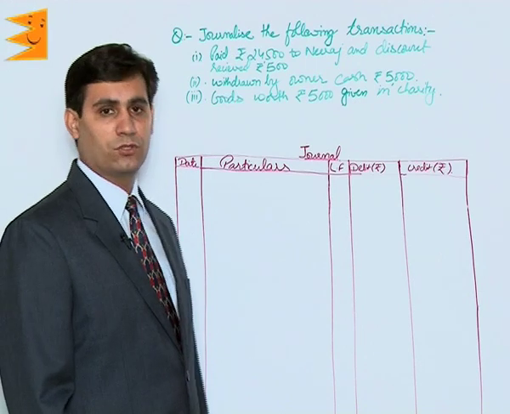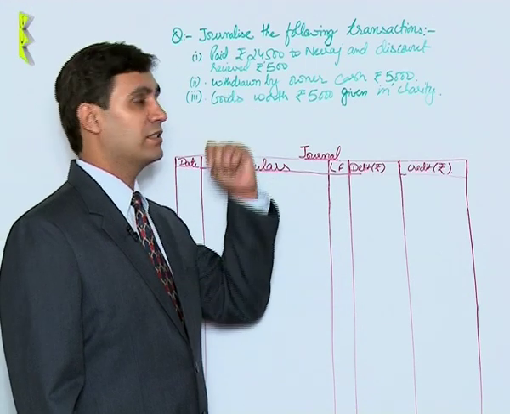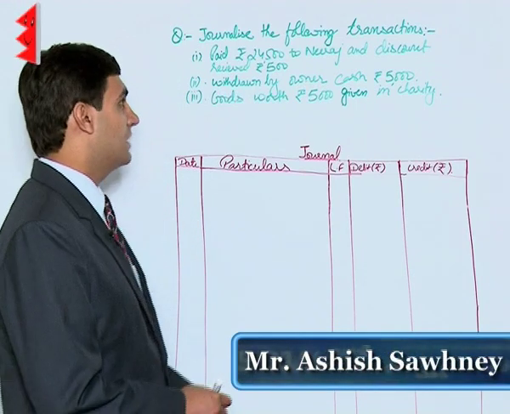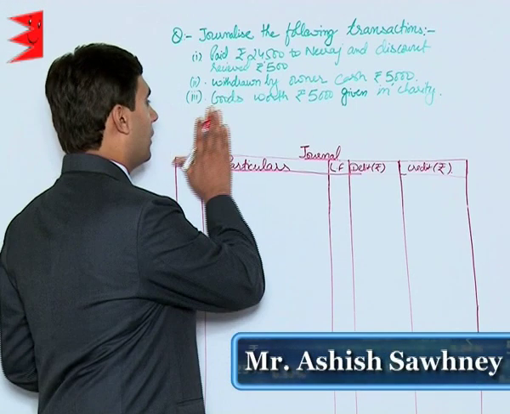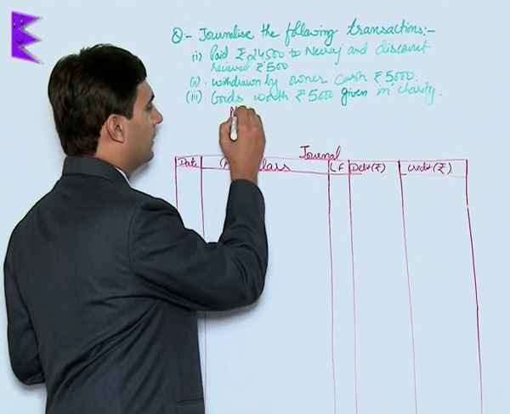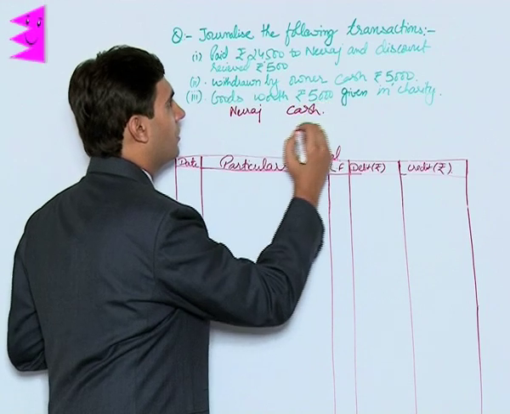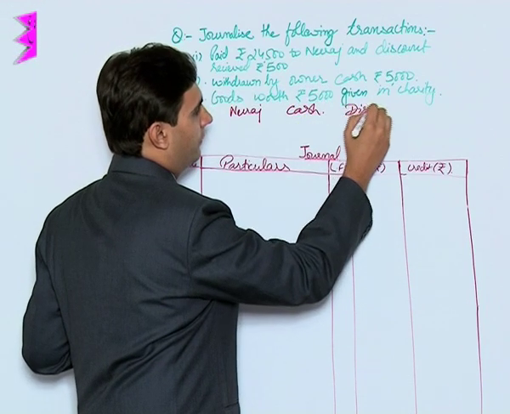Journalize the following transactions. Now the first transaction is received 24,500 from Neeraj and discount received rupees 500. Now students, there are three accounts involved in this: Neeraj, cash and discount received.